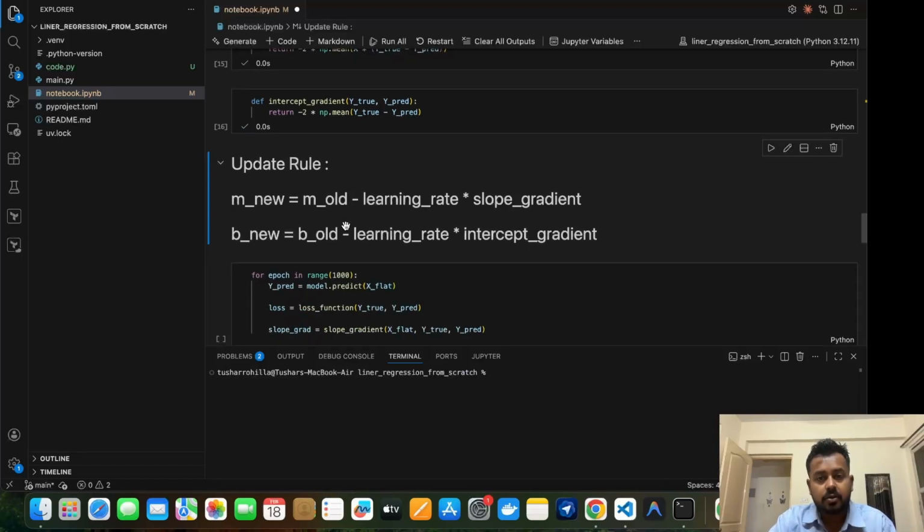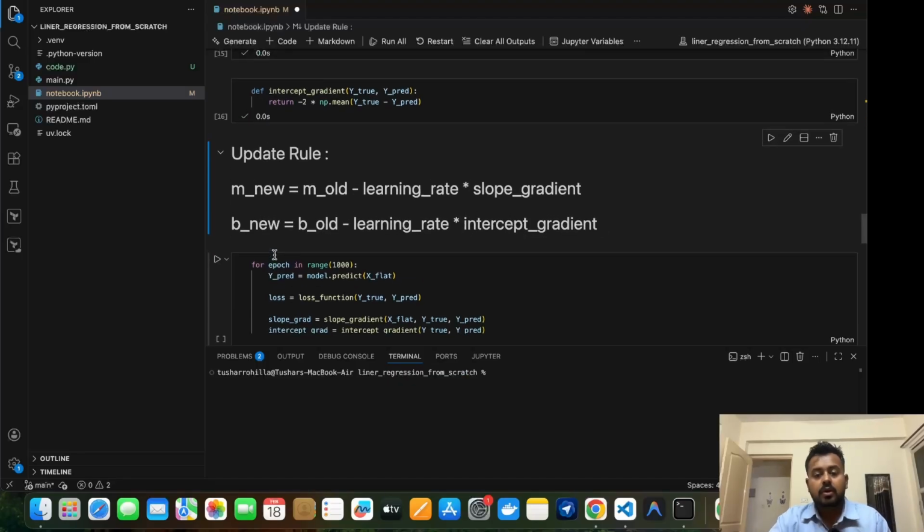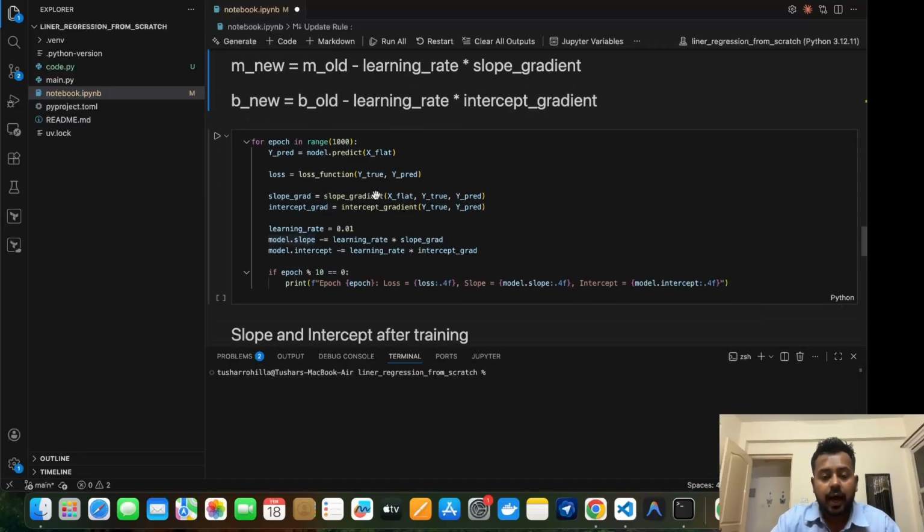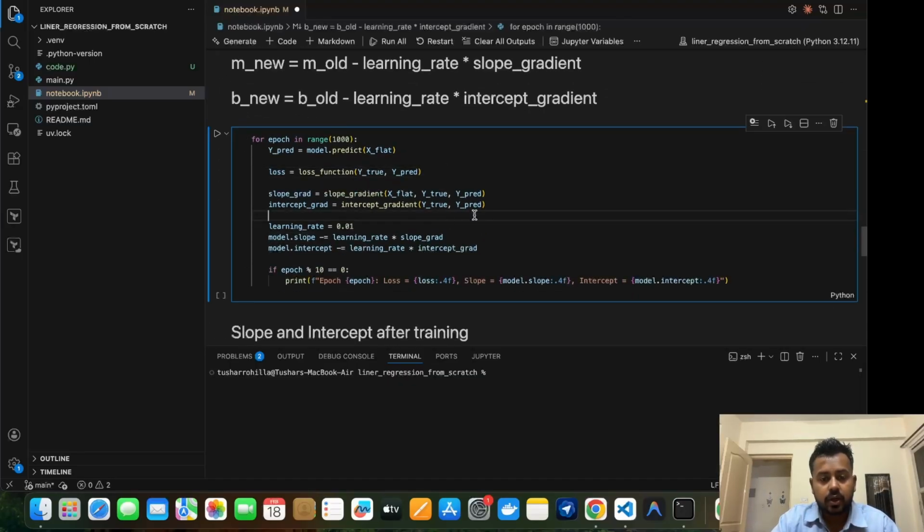And this is the update rule, the gradient descent rule. Like m new should be updated with m old minus learning rate into slope gradient, and the same goes for b new. It will keep on updating according to this particular equation, and I have written that here.